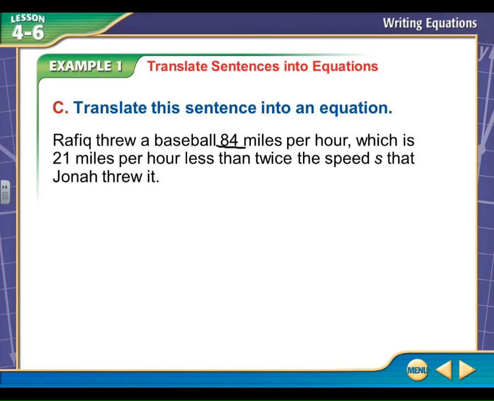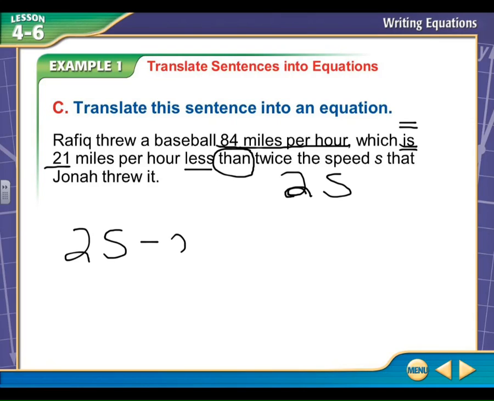We know he threw it 84 miles per hour, and that's my equal sign, 21 miles per hour less. So that means I started with something else, because there's that magic word, 2 times the speed. We don't know what the speed is, so 2s minus 21 is equal to 84 miles per hour.